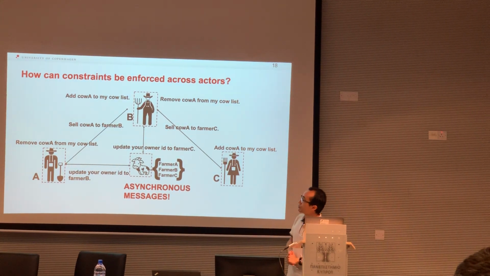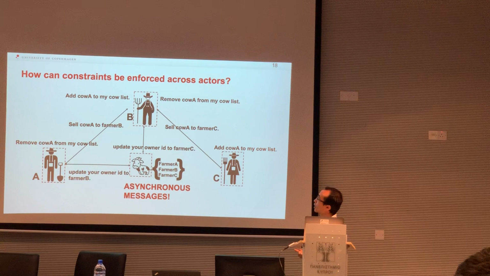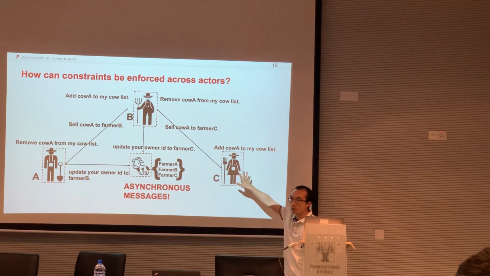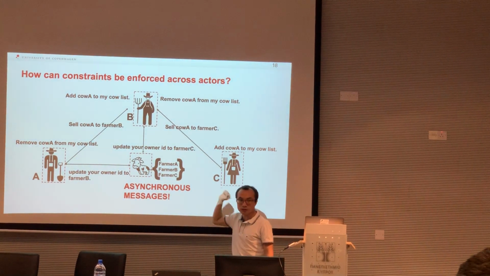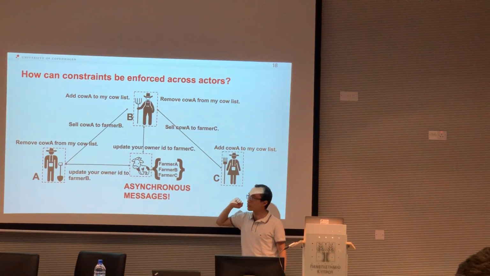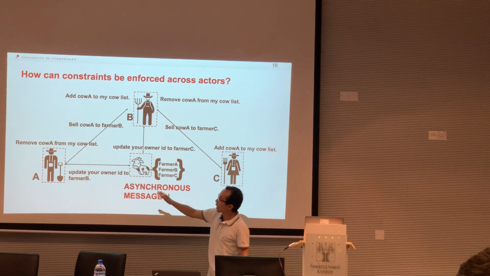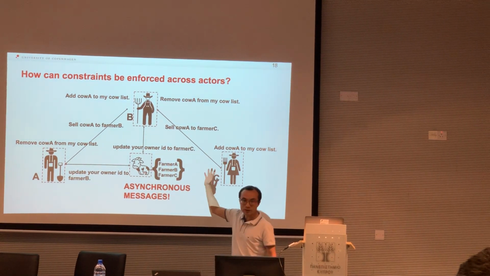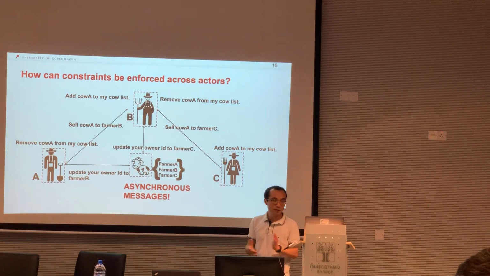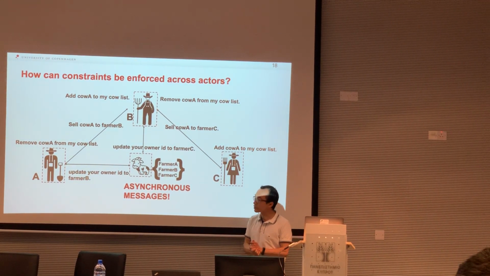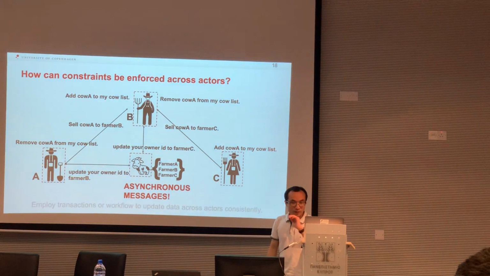So how do we enforce the constraints across actors? For example, a cow only belongs to one of the farmers. That's not obvious. If you ask the farmers, maybe farmer B and farmer C both tell you at the same time that they have the cow, for instance.